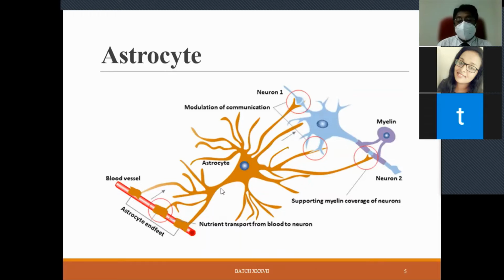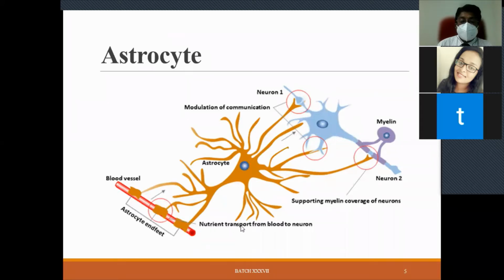It will be supplied to the neuron. Right? So here is a kind of synapse, right? Modulation of communication, and here it's supporting coverage to the neuron, and this is a myelin sheath, and so on.